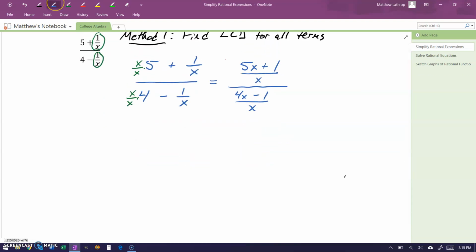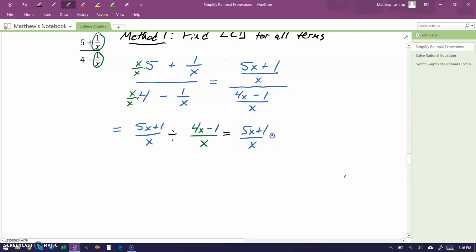What we've constructed is just the quotient of two rational expressions now. So we could rewrite this as 5x plus 1 over x divided by 4x minus 1 over x, which means we can change this to a multiplication problem by flipping that second fraction.